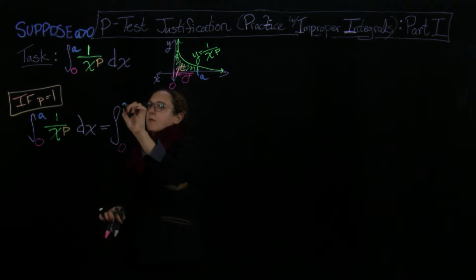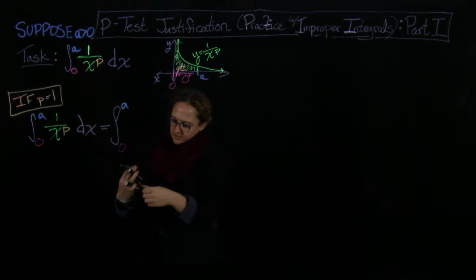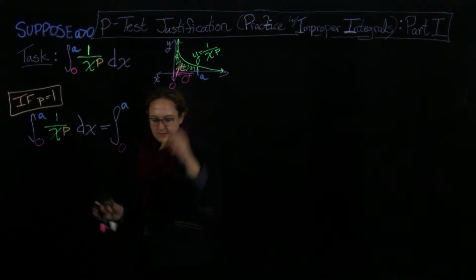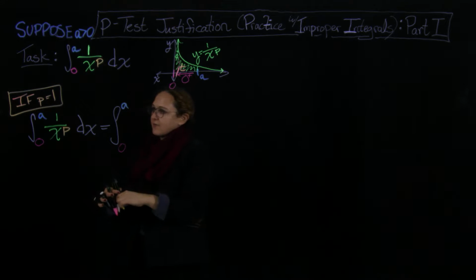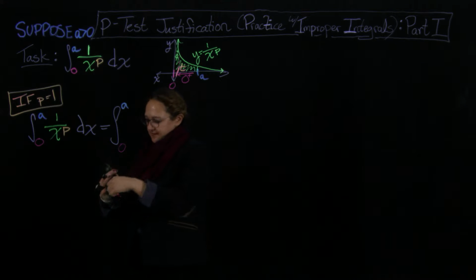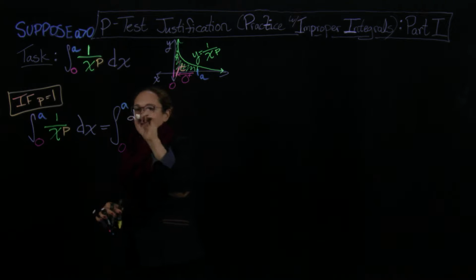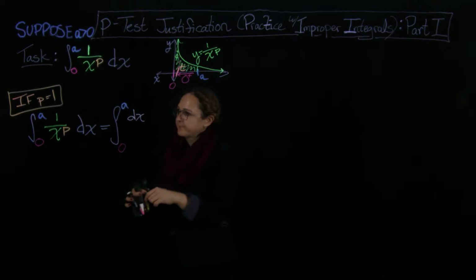Well, my p equals 1, so this is actually just 1 over x, so I can write this as dx over x.